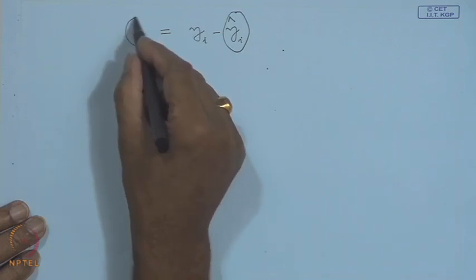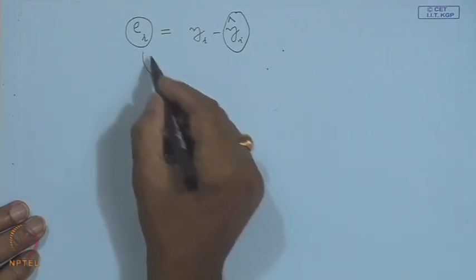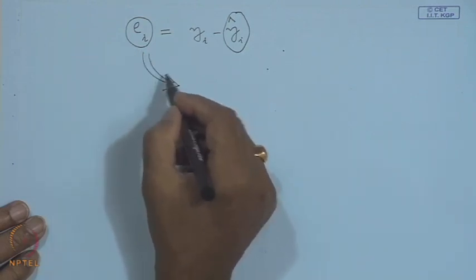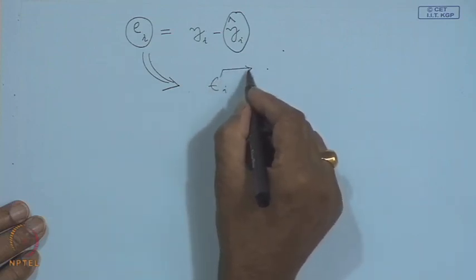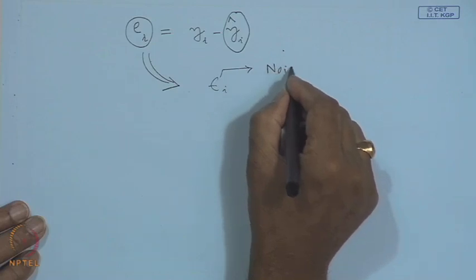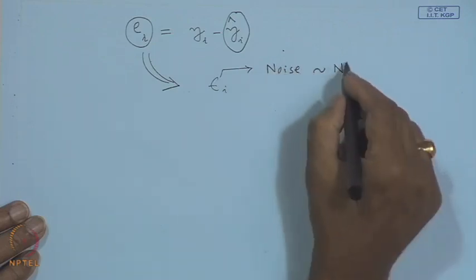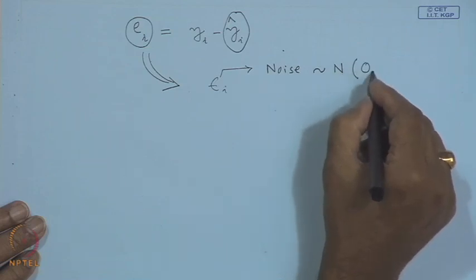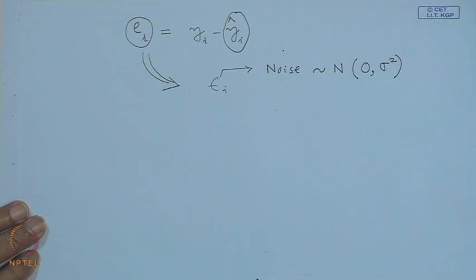Now that we have the residuals with us, these residuals are actually surrogate measures of epsilon_i. Epsilon_i is the noise which we assumed to be normally distributed with 0 mean and constant variance sigma square.